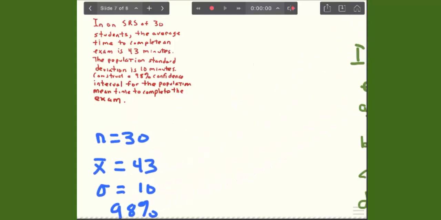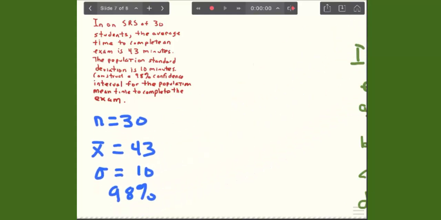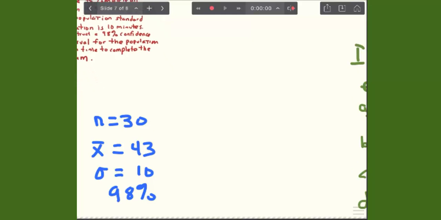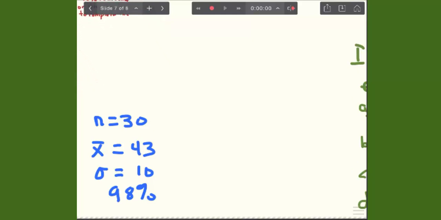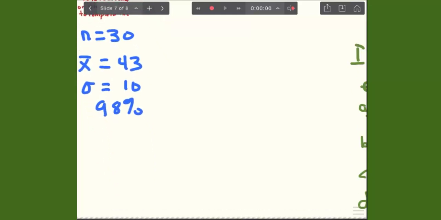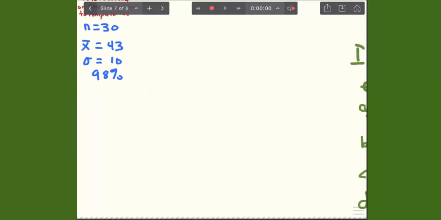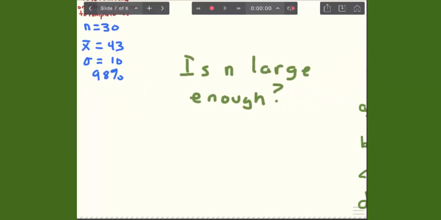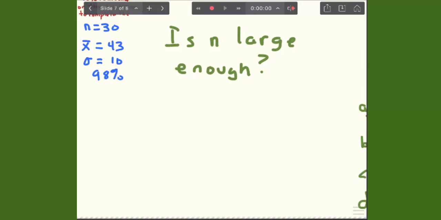Again, first thing is write down the information from the problem. And my question is, is n large enough? We don't have a normal population, and we are using that 15, 40, 100 rule from the central limit theorem.